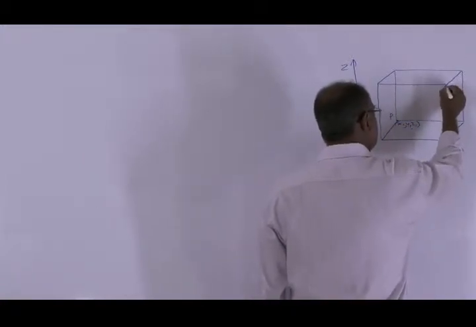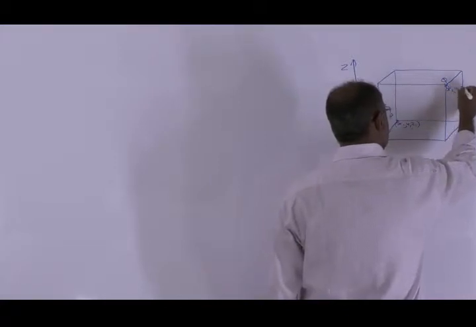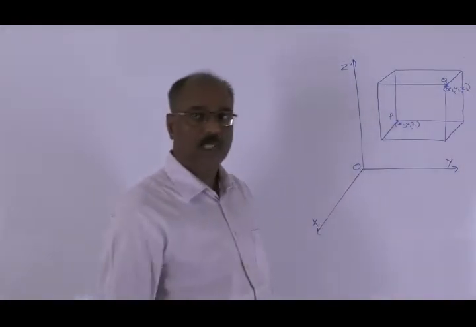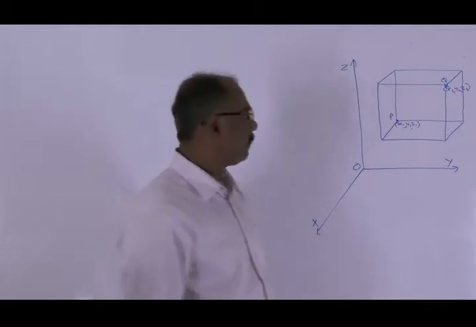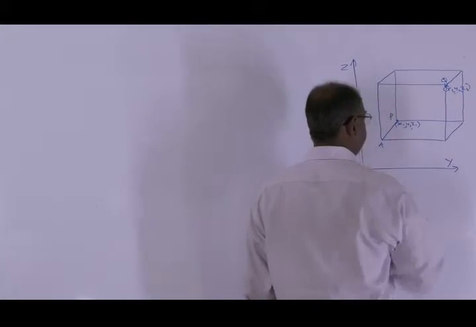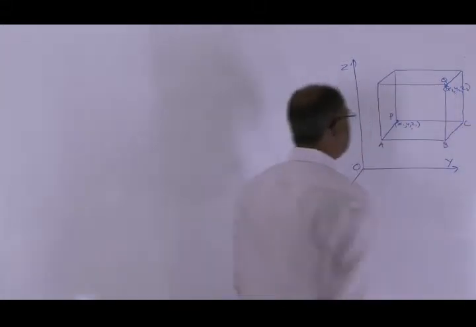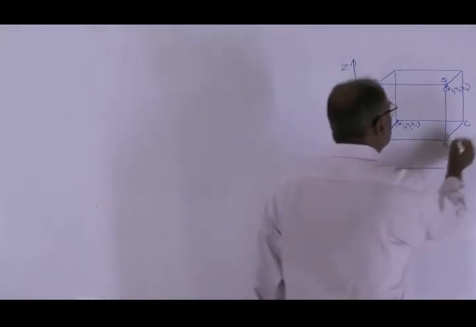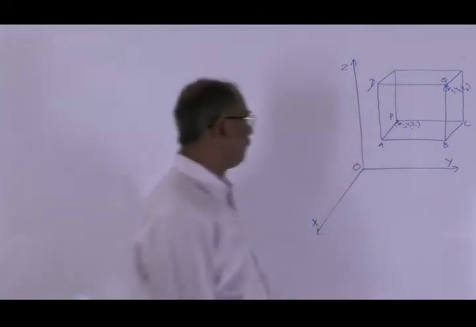Q is this point with x2, y2, z2 as coordinates. Now let us name certain other points also which are important. So let this point be A, this point B, this C, and this point D.